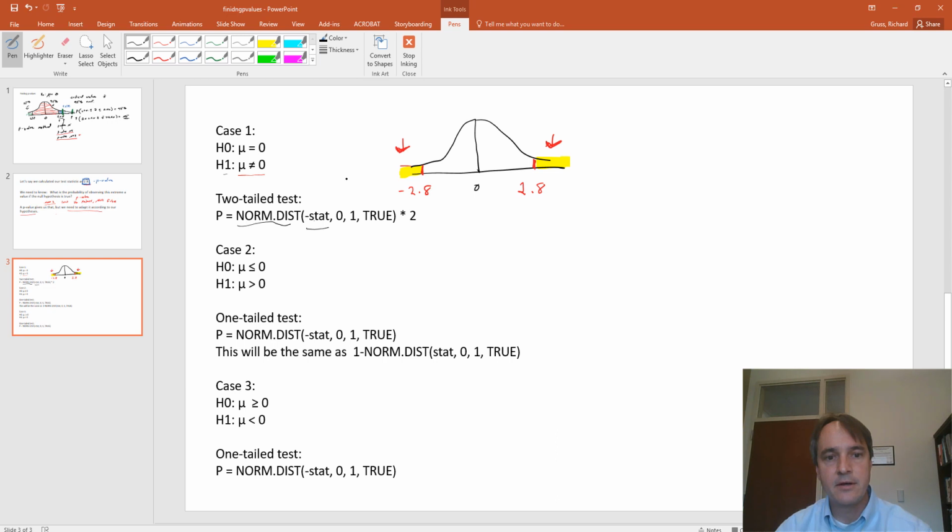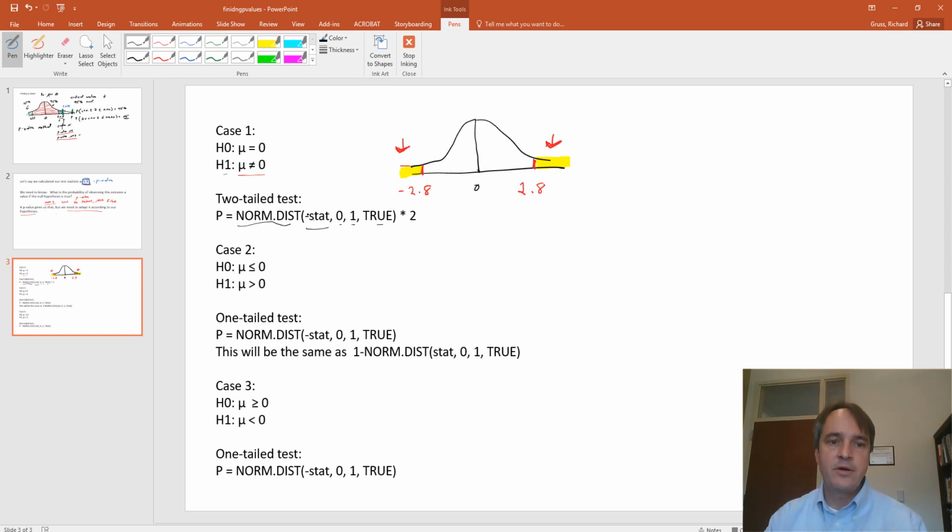So this will just give us here. Then this is going to be the mean and the standard deviation, and we put in true for cumulative, and then we multiply by 2. The reason we're using the negative is it's just easier to calculate from negative infinity up to here rather than doing negative infinity up to here and then doing 1 minus that. So just doing the negative value works because it's a symmetrical distribution.